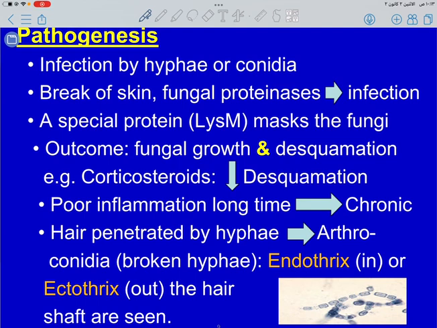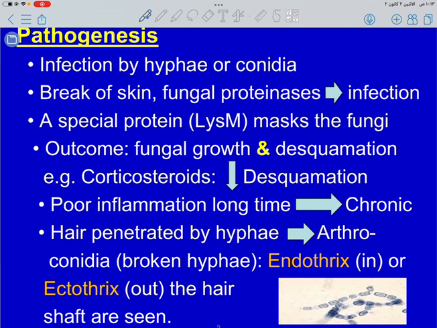If you get a hair with hyphae inside it, the hyphae will break down into small pieces. The hair will break. These are called arthroconidia, or broken hyphae.